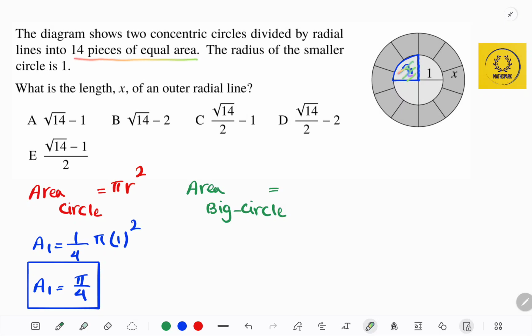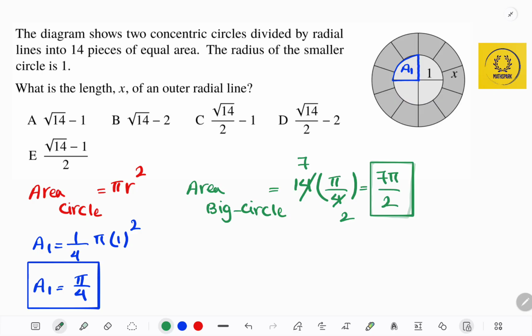The area of one piece is already pi over 4, so I'm going to multiply 14 by the area of one piece, which gives us 7 pi over 2, the area of the big circle.